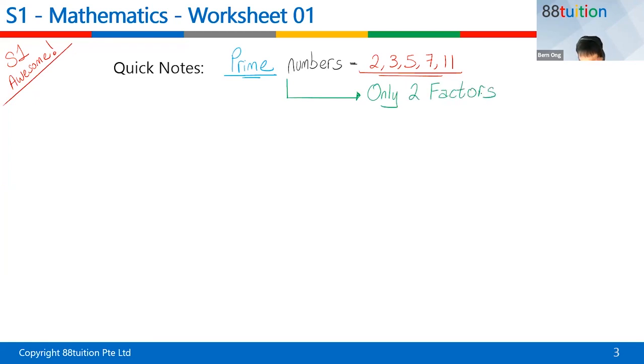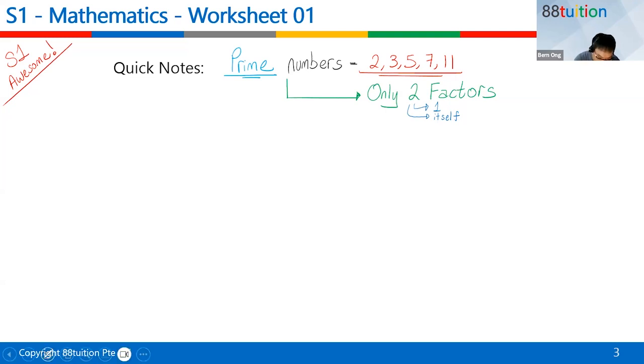Inside the 2 factors, one of it is a 1, and the other one is itself. So that is the meaning of prime numbers. They only have 2 factors: one of it is a 1 and the other one is itself.